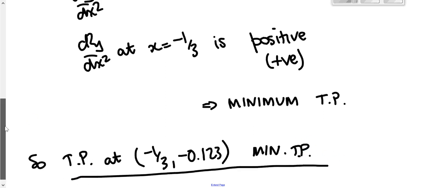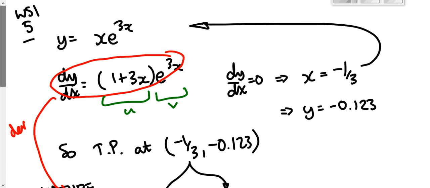So just to recap, we started off with the original function, we found dy by dx for it, and then solved where it was equal to 0. That was the last video, where we were tackling this problem rather than talking about second derivatives. That gives us x minus a third. We then find a y value by substituting back into the original function. So that gives us our turning point.